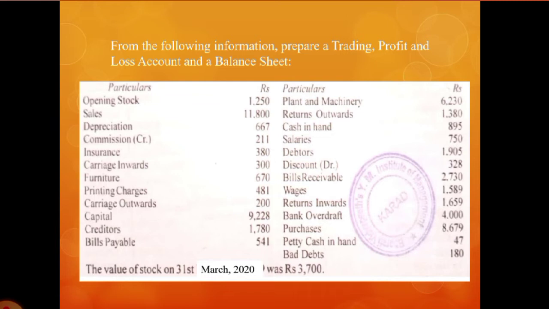So whenever an owner invests money into the business, it is shown under the head capital, which is shown on the liability side of balance sheet, which means the business has to return this much amount of money to the proprietor after the business comes to an end. So capital is a liability item and it will be shown on the liability side of balance sheet.